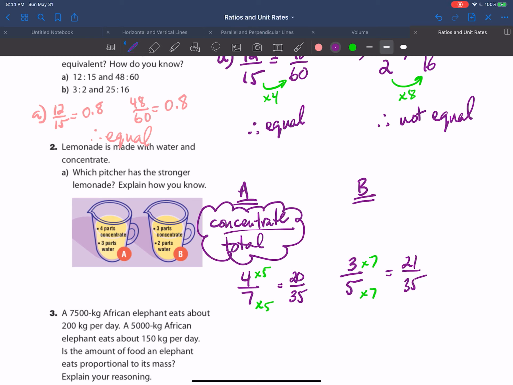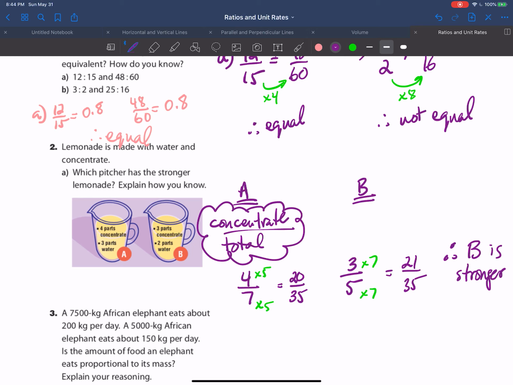So we got a common denominator, 35 and 35. So we can see that in pitcher B, there's 21 parts of concentrate, so just a little more than there is in pitcher A. So that means that pitcher B is stronger.